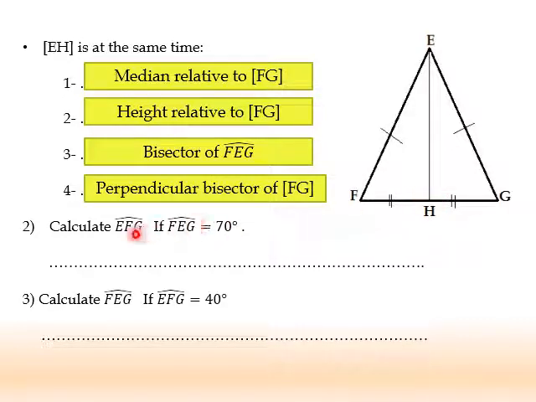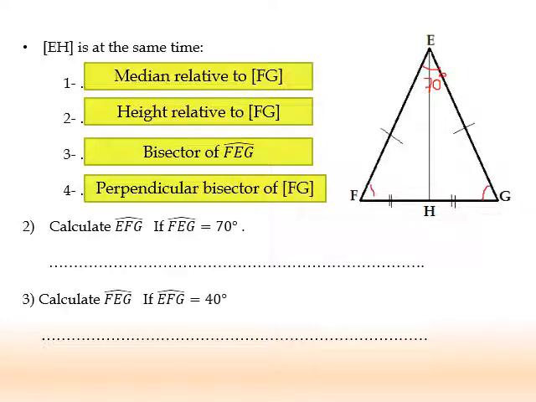Now, calculate EFG if FEG equals 70 degrees. Here FEG equals 70. And we know that the base angles of an isosceles triangle are equal. These two angles here, F and G, are equal to each other.